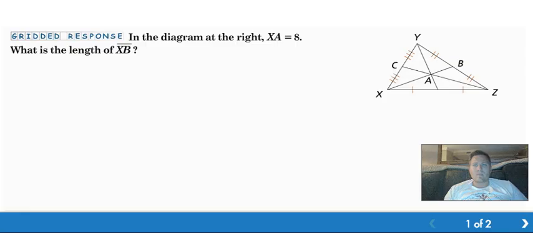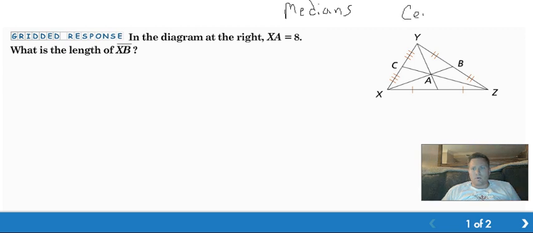Alright, so here we go. Here's problem number 1. It says, what is the length of XB? The first thing that we need to do is look at this problem, and we see that we're going from a vertex to the middle right there, so we're dealing with medians, and then where all the points meet together, that's called my centroid.